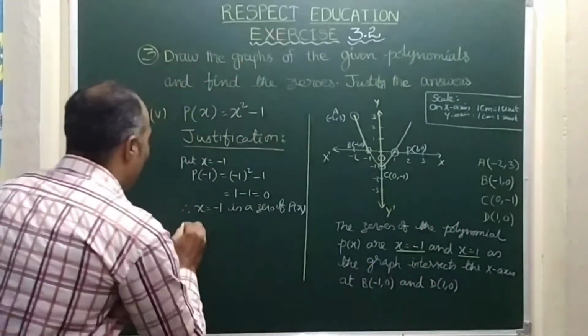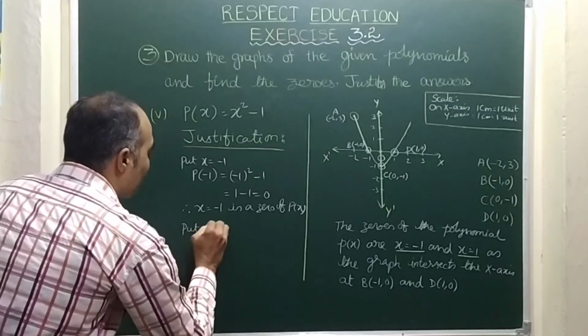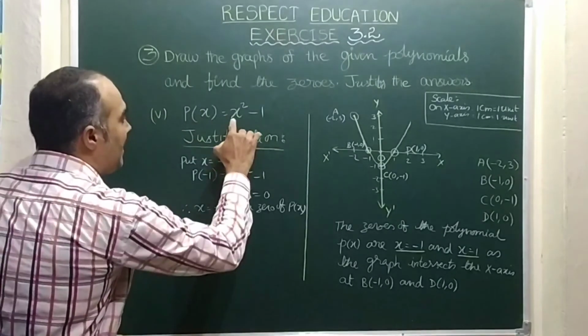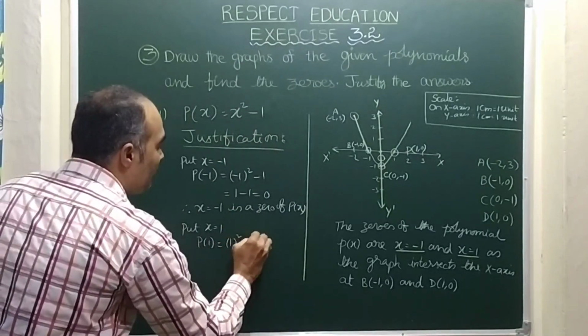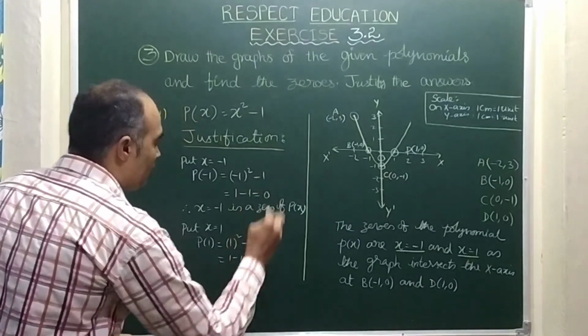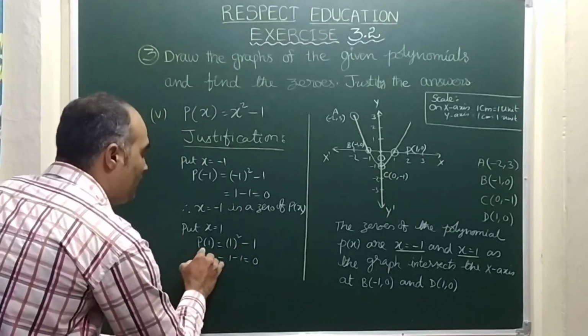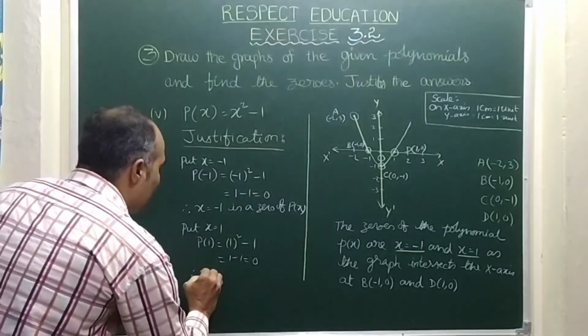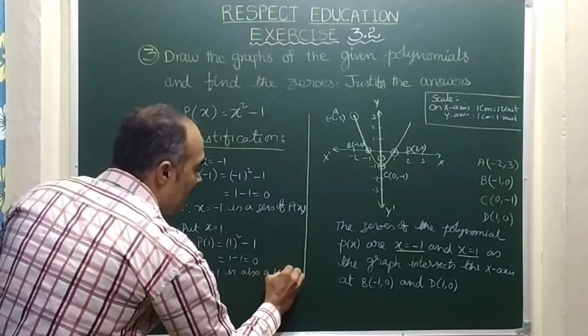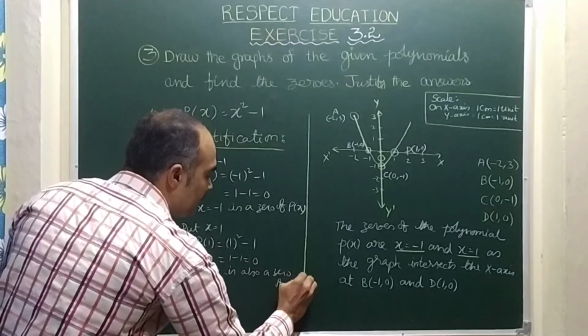Second one, put x equal to 1. Now P of 1 is x square minus 1, means 1 square minus 1. 1 square is 1, 1 minus 1 is again 0. Therefore, here we get P of 1 equal to 0. So x is equal to 1 is also a 0 of P of x.